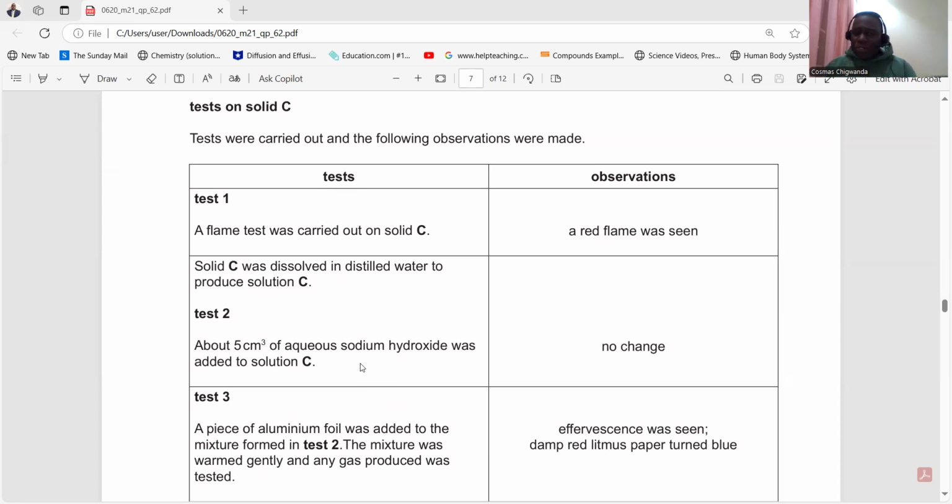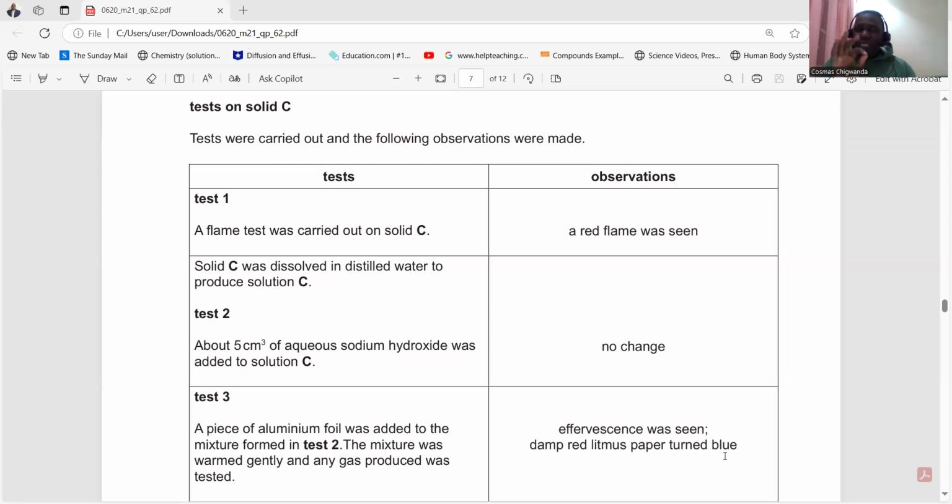So sodium hydroxide followed by aluminum foil and effervescence, damp red litmus paper turns blue. That is nitrate, and the gas that we produce here is ammonia. The confirmatory test to tell you that ammonia is produced is nitrate.